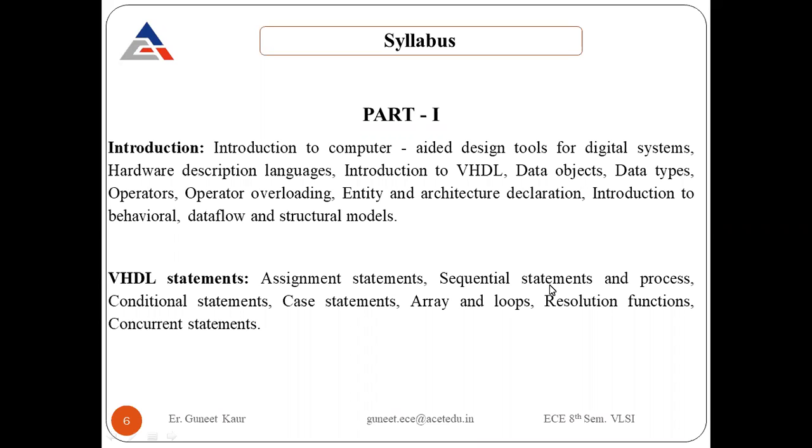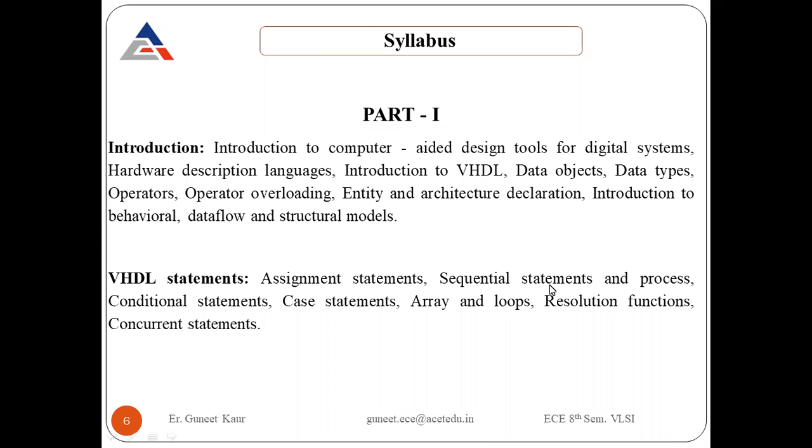Next concept is introduction to behavior, data flow, and structure model. Actually, you can do the modeling, you can do the programming basically using the 3 models: data flow, structural, behavior.